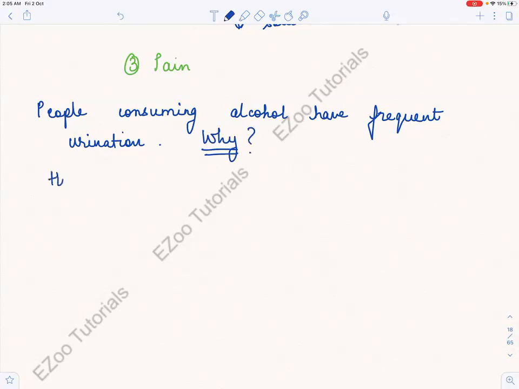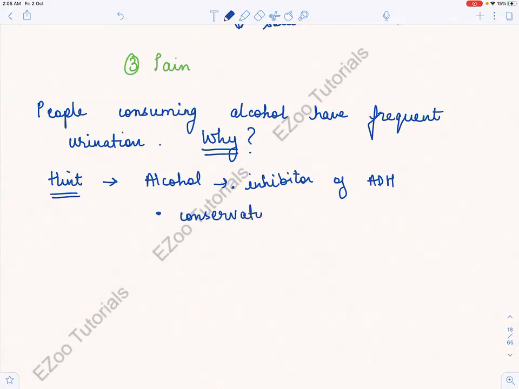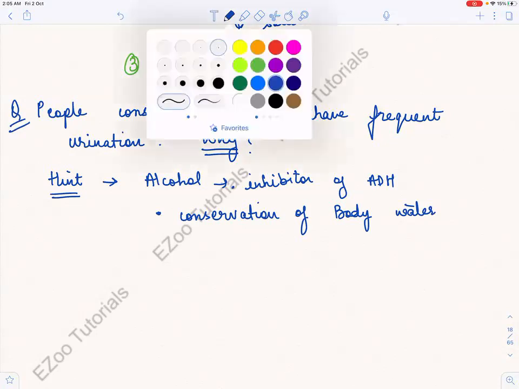The hint that I'm giving you here is that alcohol acts as an inhibitor of ADH. The second hint is that antidiuretic hormone helps in the conservation of body water. So if I give you the question, people consuming alcohol have frequent urination, why?